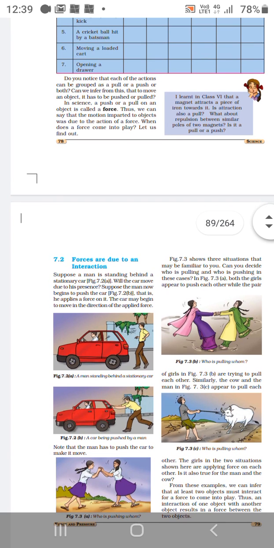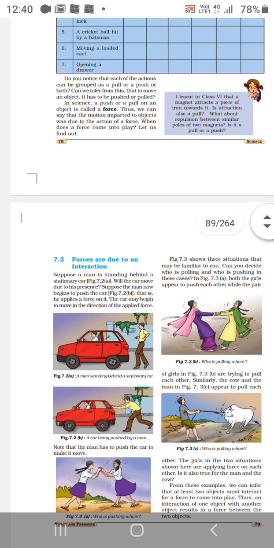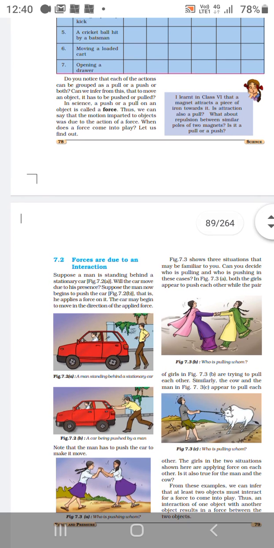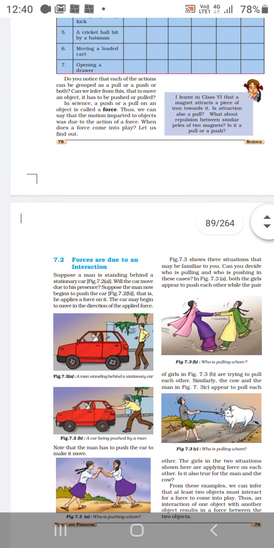Like you see the man pushing the car. The man is one object, the car is another object. So he is applying the force on the car. Two objects are required. We cannot bring force into play with only one object.